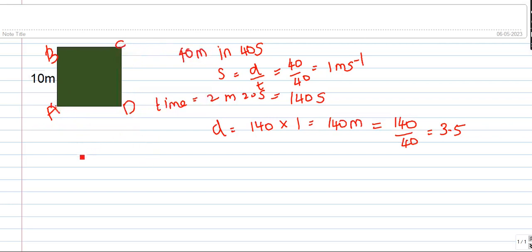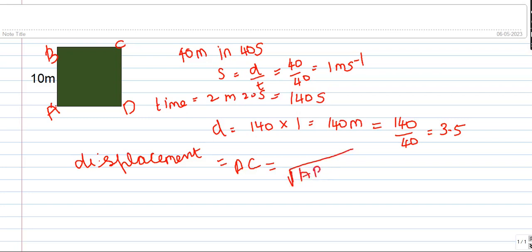So we have to find the displacement of the farmer at the end. To find the displacement, we have to find the distance between A and C, which is given by Pythagoras theorem. We have this to be root of AB square plus BC square.